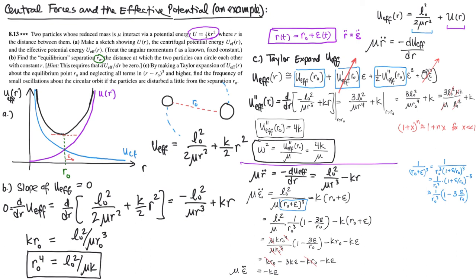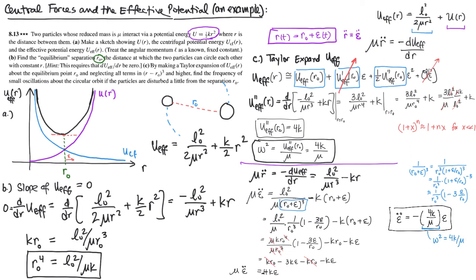Well, that is exactly the equation of simple harmonic motion. So I can write that as epsilon double dot is equal to minus, sorry, 3 plus 1 is 4, minus 4k over mu times epsilon. That's the equation of motion for small perturbations, and the term in parentheses is our omega squared.